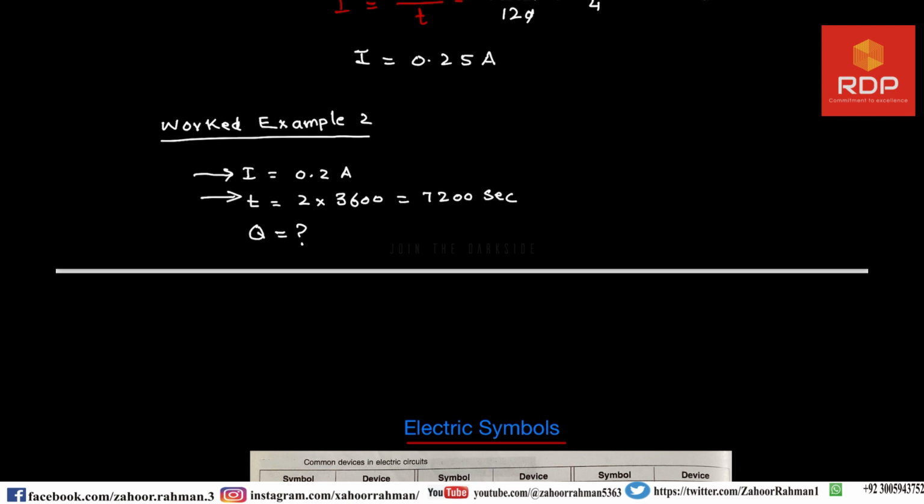Here, what is the total electric charge passing through the lamp? Now charge is represented by Q, so I have written it here.